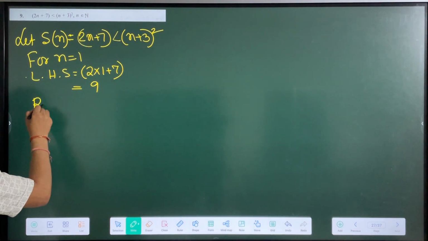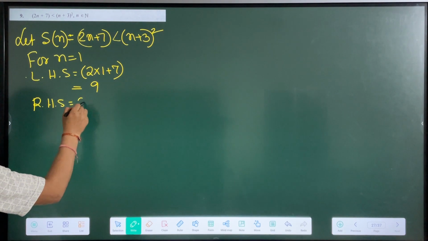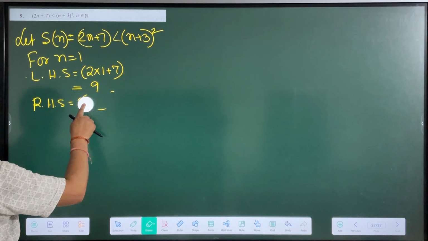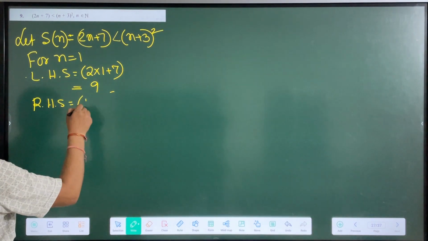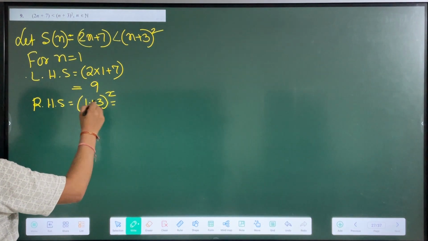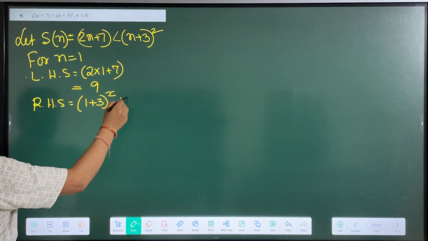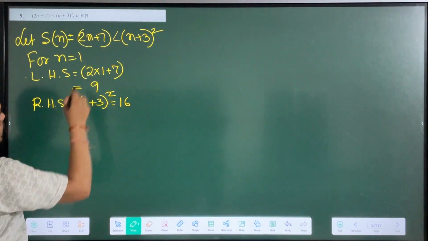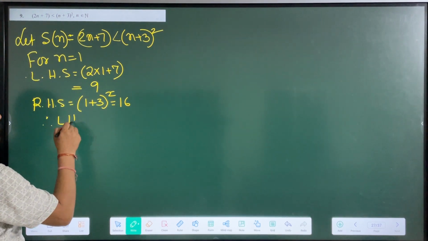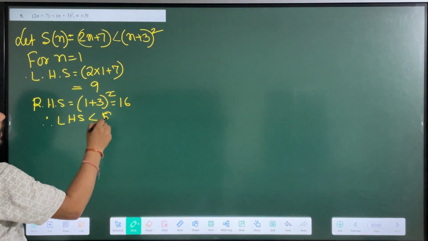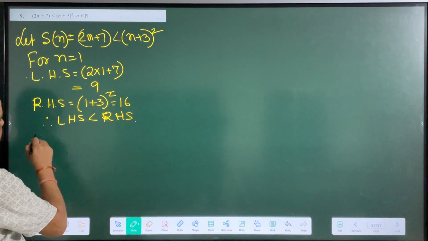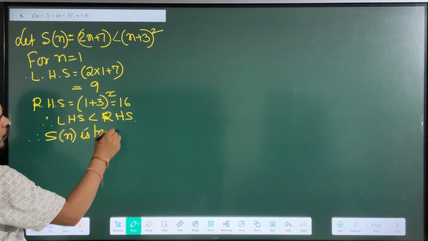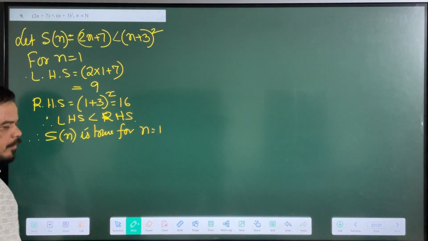Right hand side: not n, directly 1 you can write. 1 plus 3 whole square, 4 square is 16. LHS is smaller than RHS. Therefore, Sn is true for n equals 1.